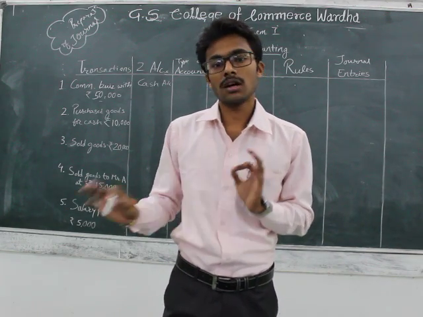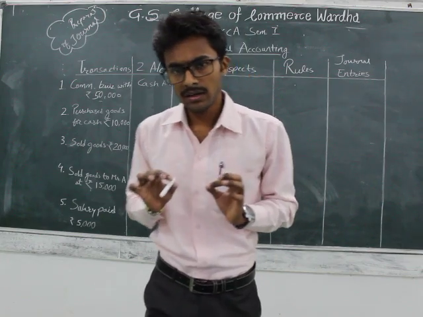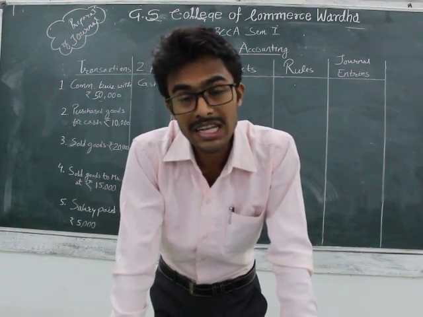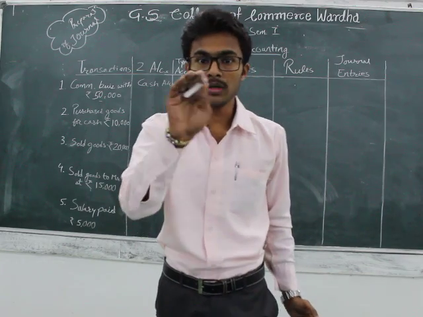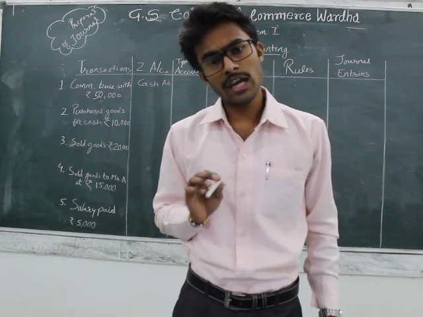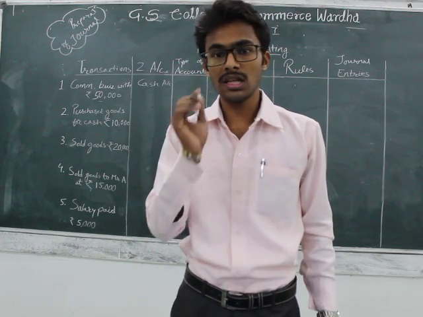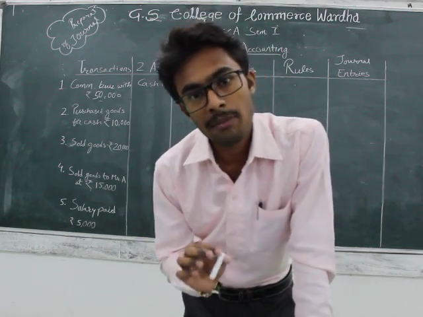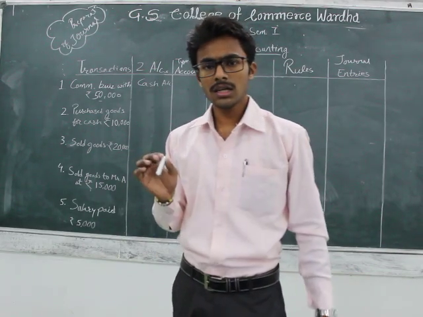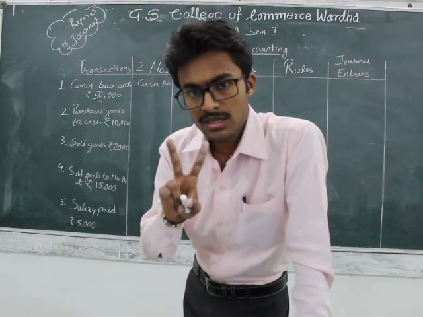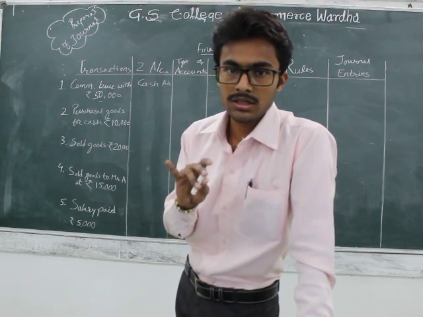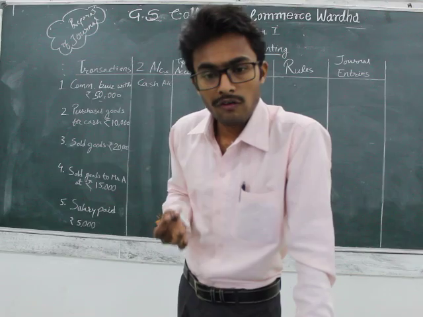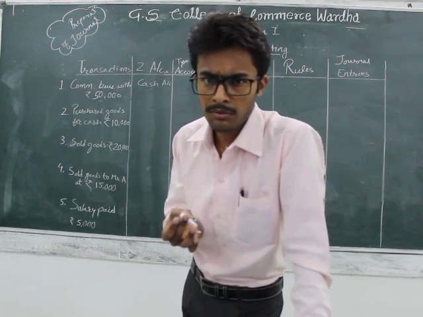For example, Ram's account. But in this method we don't use the name of the business owner. Instead of the name of the business owner, we use the terminology capital account. Here two things are involved: first, cash, and the other one is the provider of cash. The provider of cash means the owner of the business.